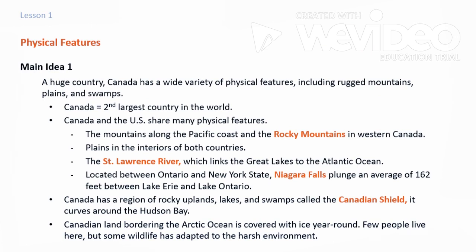Did you know that Canada is the second largest country in the world? Russia is the only country in the world that is larger than Canada. The United States is the third largest country in the world and shares many physical features with Canada.